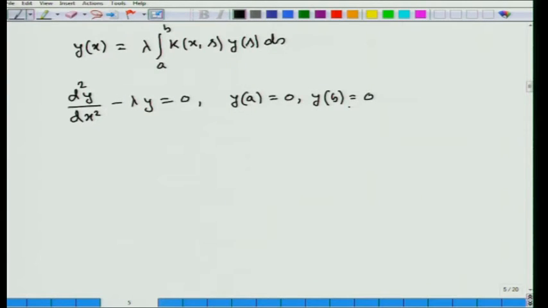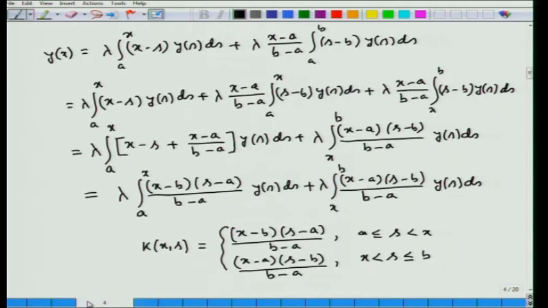We have converted this boundary value problem of an ordinary differential equation into an integral equation, y(x) equal to lambda times the integral from a to b of k(x, s) y(s) ds, where k(x, s) is given by this expression, that means this is the kernel.